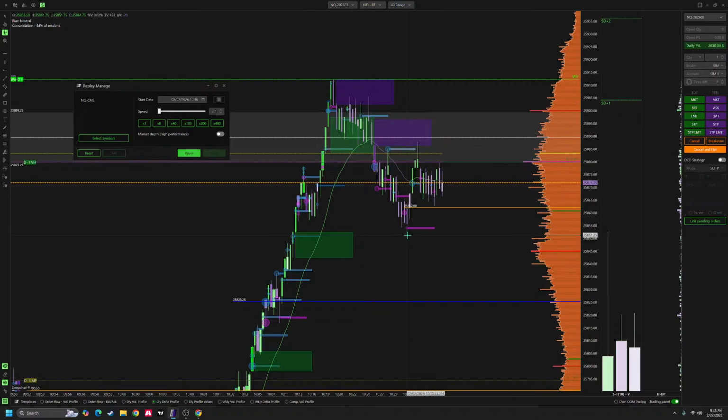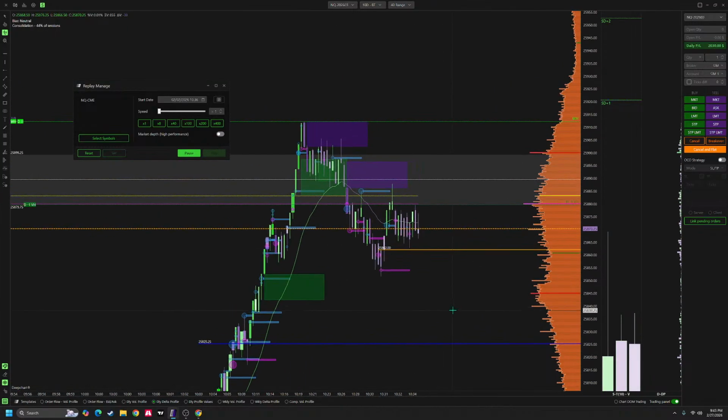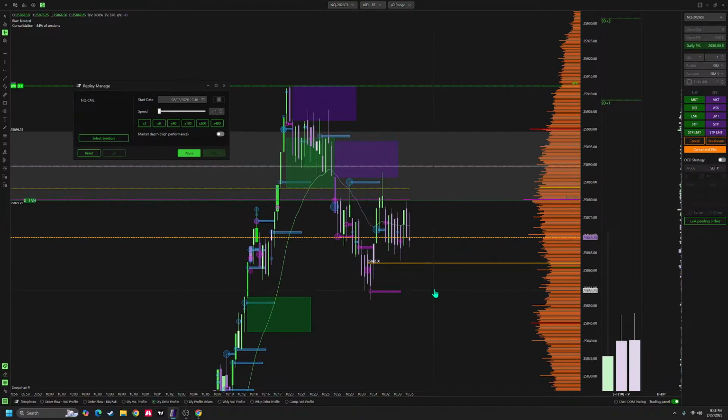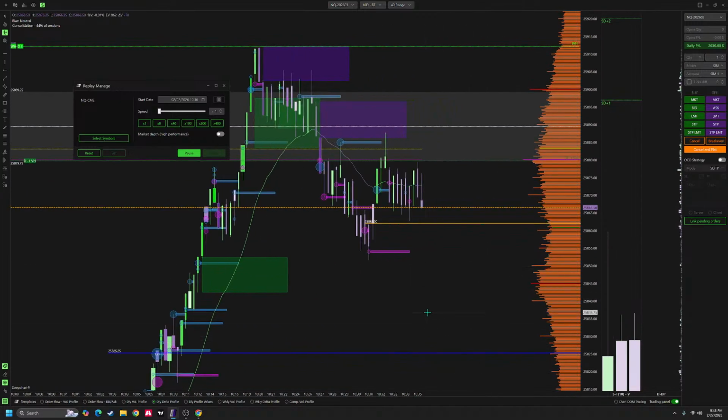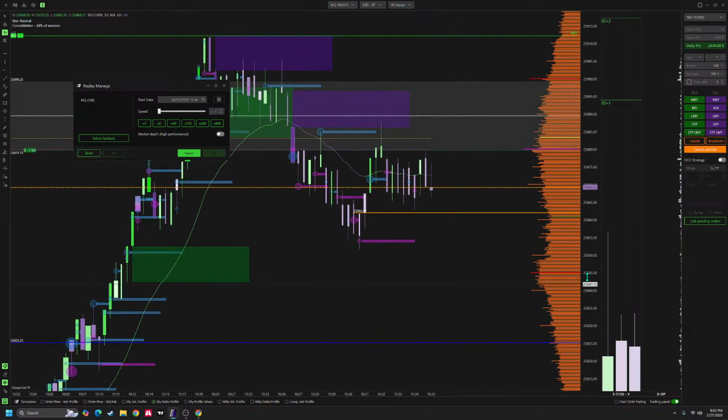Price came in back into this zone before leaving back into the opposite effort zone. So you can see it's even ping-ponging back and forth between these zones. So maybe you can take the zone more than once. I don't know. Probably have to just look for some more information to tell me that I can take the zone again.